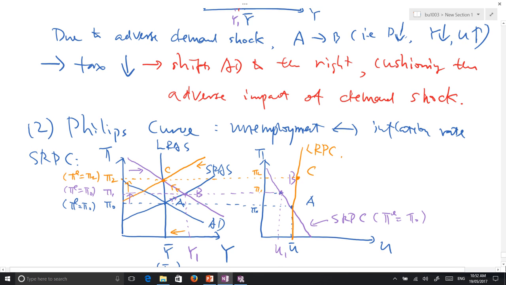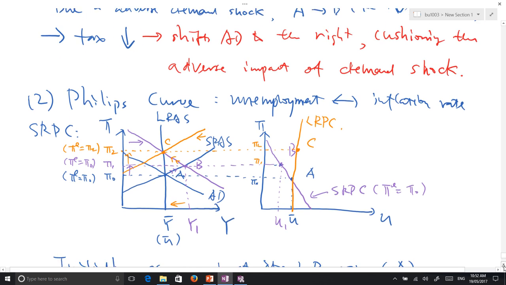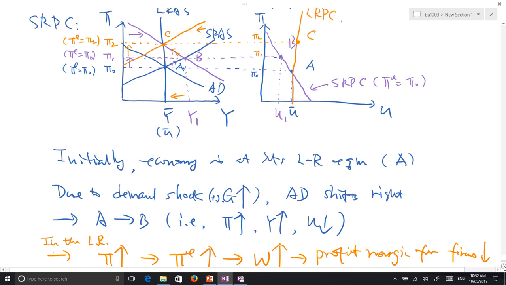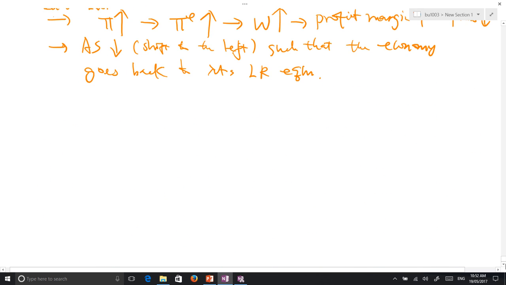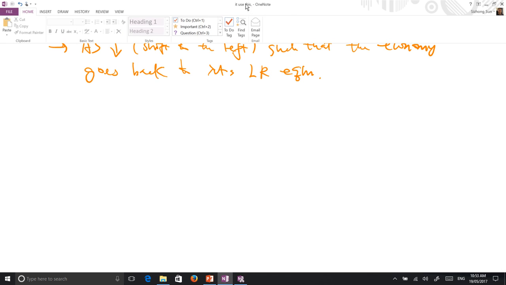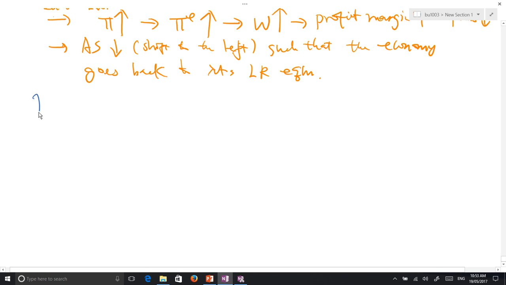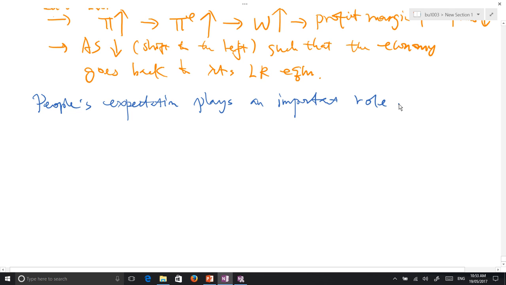Okay, we can see that expected inflation, people's expectation, plays a very important role, particularly for the economy to move from short run to long run.